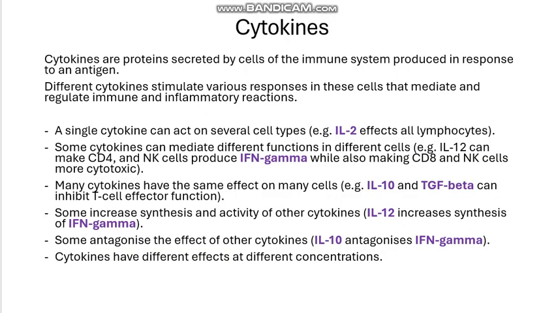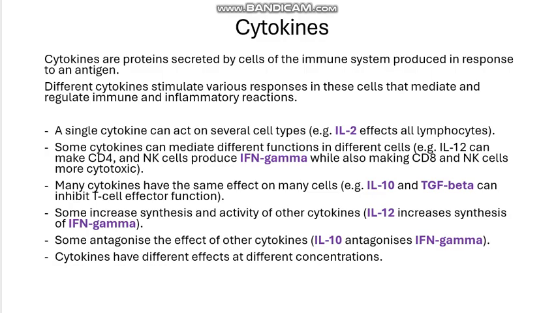So cytokines are proteins secreted by cells of the immune system, produced in response to an antigen. Different cytokines stimulate various responses in these cells that mediate and regulate immune and inflammatory reactions. These are some of the properties of cytokines. A single cytokine can act on several cell types. For example, interleukin 2 can affect all lymphocytes, so it can affect B cells, T cells, and natural killer cells.